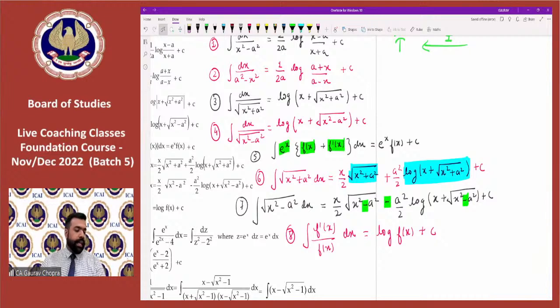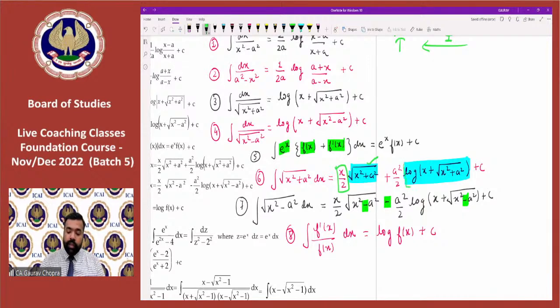Kushdeep is asking, I didn't get the sixth one. See, these are all the formulas. We have to learn this, but I had told that if we try to connect them, then it becomes easy to learn. It becomes easy to understand. So what we discussed in the sixth was root of x square plus a square is taken as it is. Then we have multiplied this with x by 2.